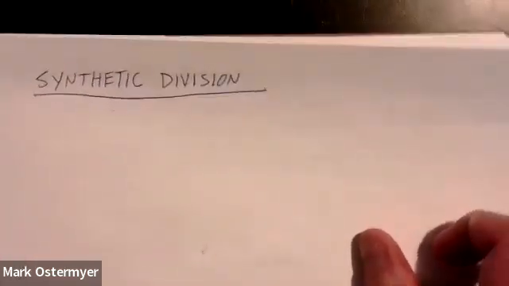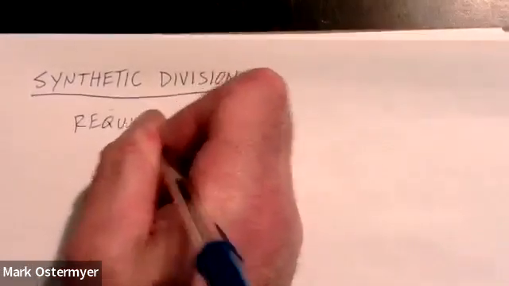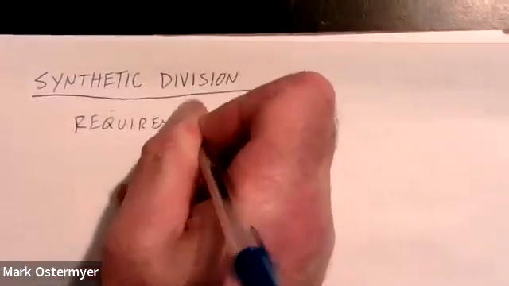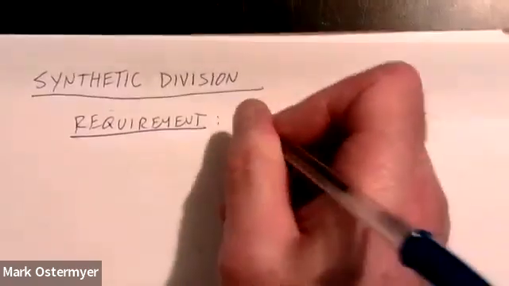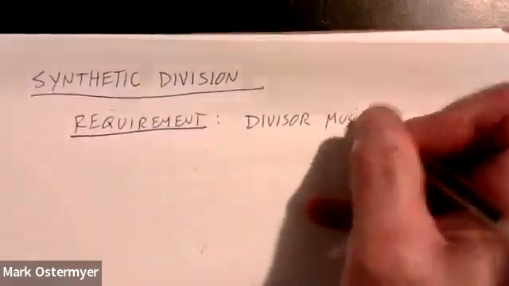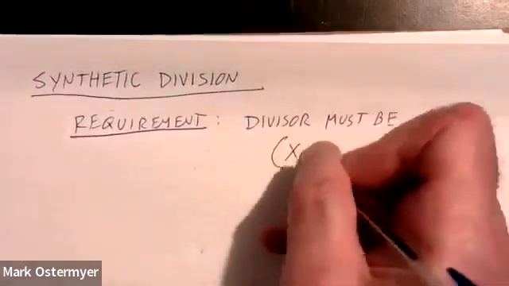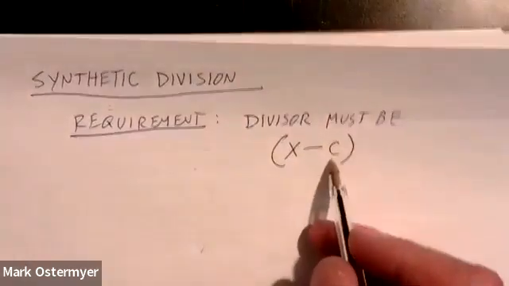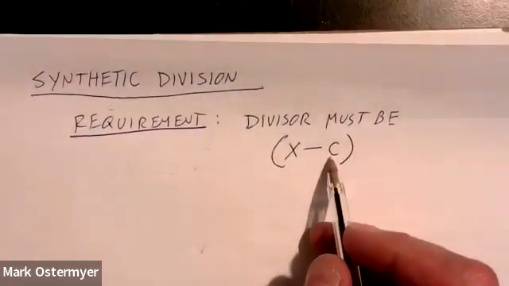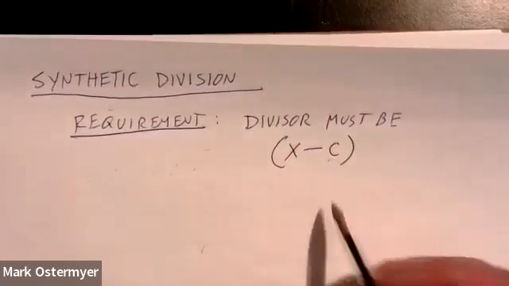All right, synthetic division. Now, this is a requirement for synthetic division, though. It does have a little bit of a requirement. The divisor, ladies and gentlemen, the divisor must be of the form of x minus c, where c is some real number. It has to be of this form. Your divisor must look like this in general, okay?